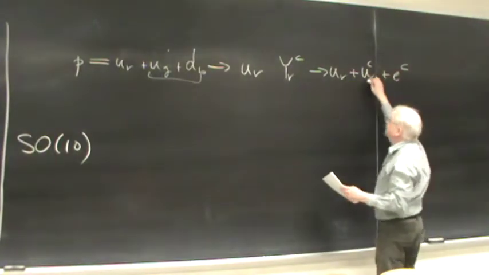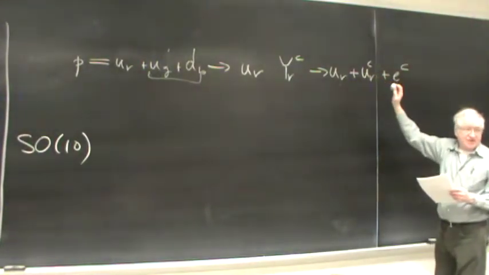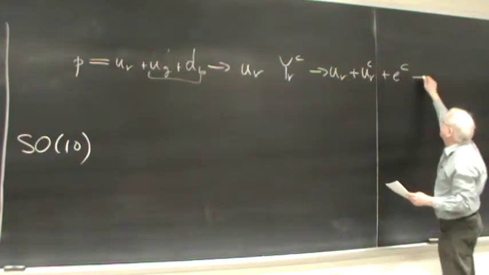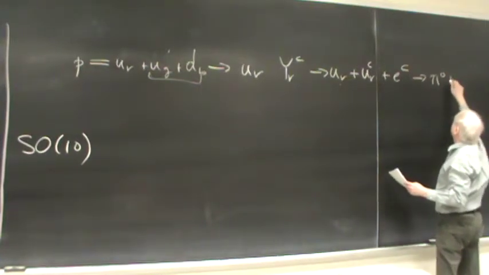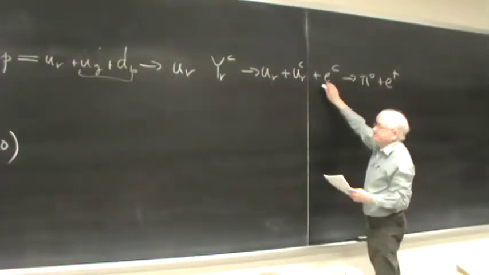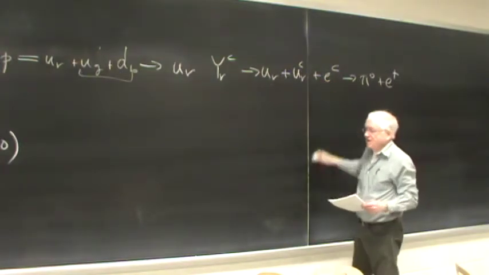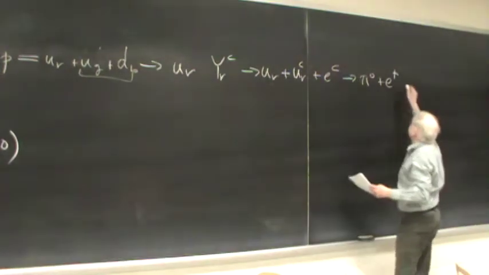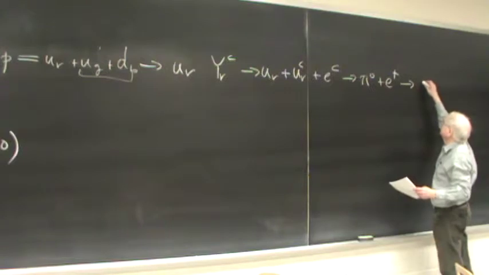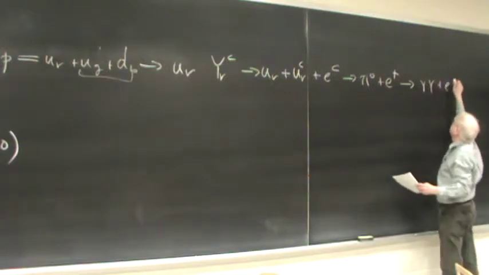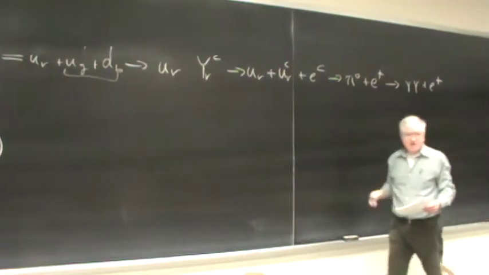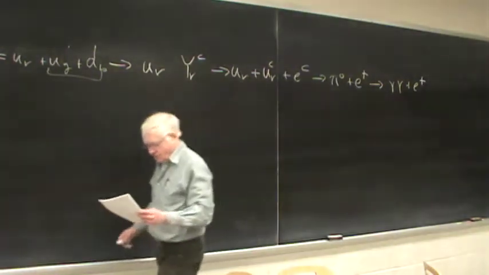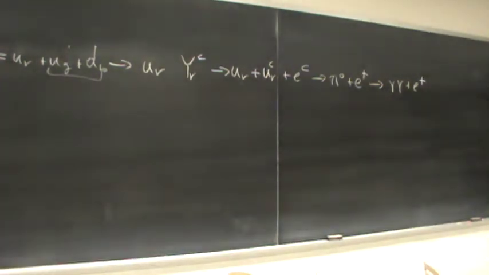And now these two can combine to form a pi-0 meson. And so this goes into pi-0 plus E plus. And of course, that's not the end of the story. The pi-0 goes into gamma plus gamma, plus the E plus. And those counters on the walls of the bathtub were designed to pick up the photons of pi-0 decay.